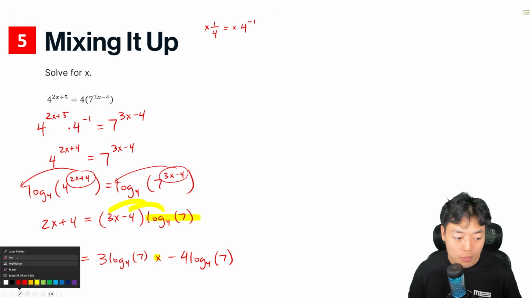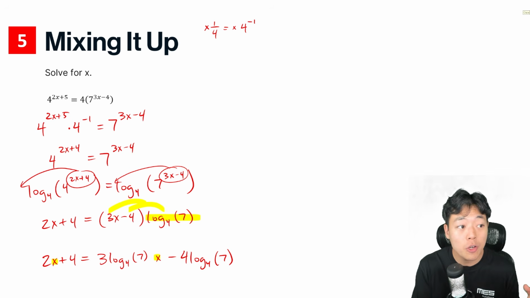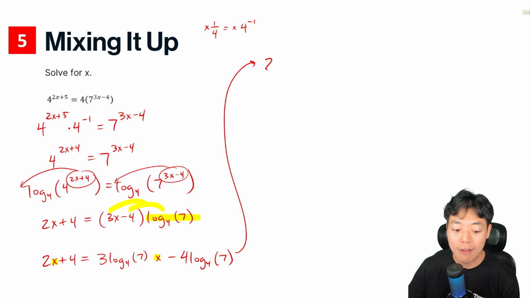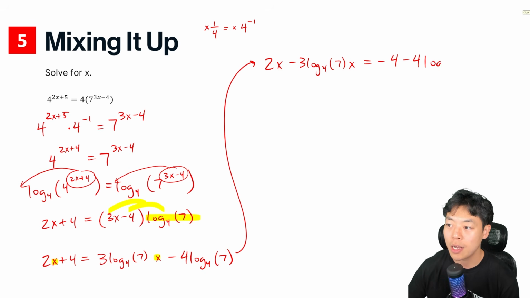I see two terms with an x. I'm going to put those terms on the same side and put every other constant on the right side. So if I bring it back up here, I have 2x minus 3 log base 4 of 7 times x equal to negative 4 minus 4 log base 4 of 7.